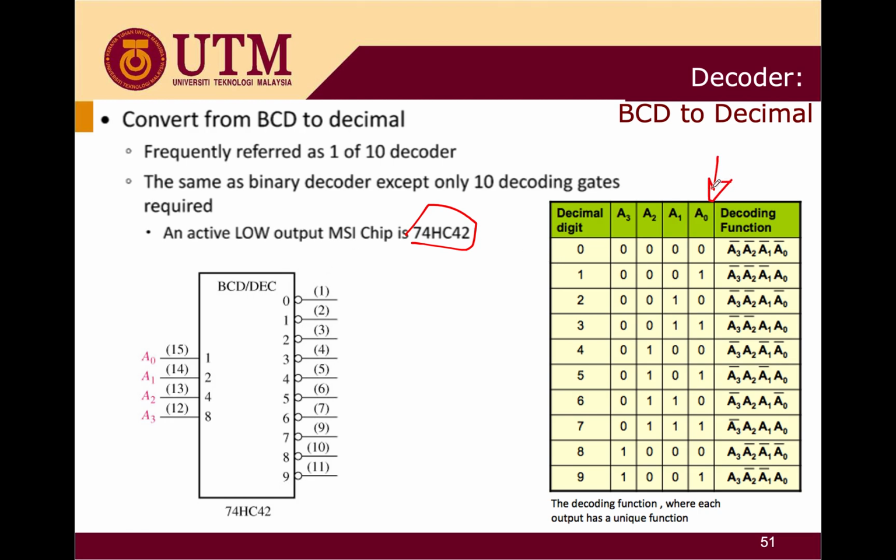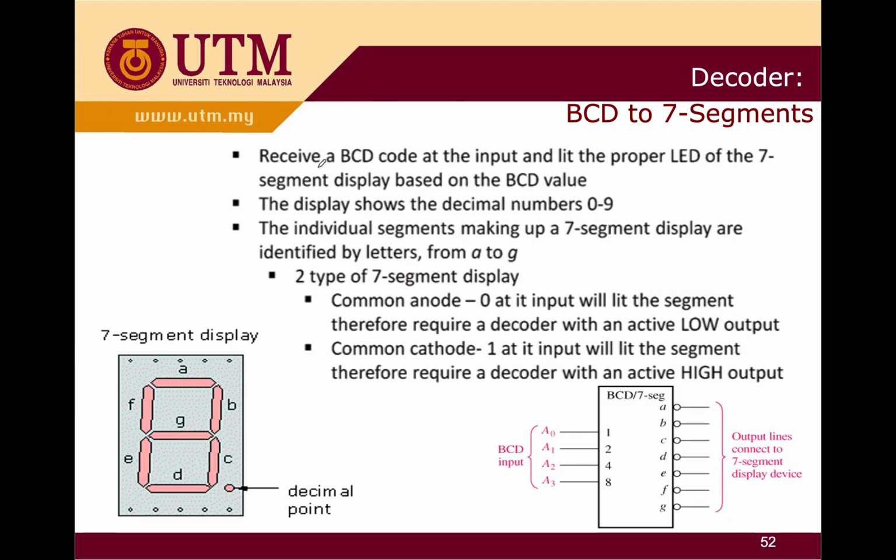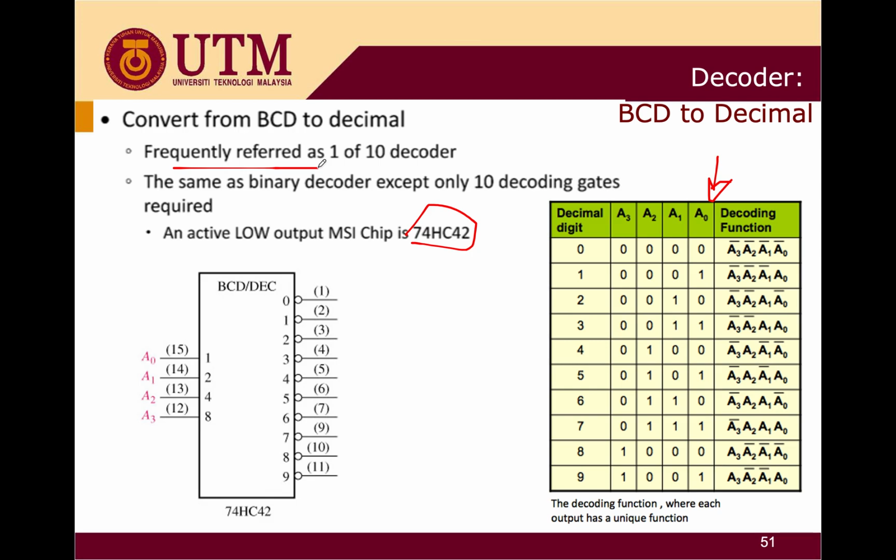You need to understand all of your truth tables, frequently referred to as 1 of 10 decoder. The same as binary decoder, except only 10 decoding gates required, so it's quite many. Not going to touch deeper.